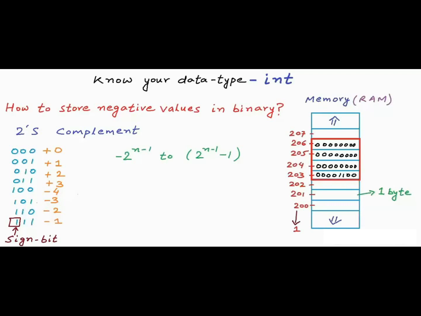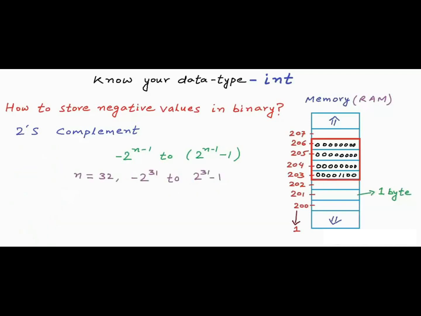Now, because with a given number of bits, we can only have values in a certain range. For example, if n is 3, then with this encoding mechanism we can have values from minus 4 to 3. So if the result of an arithmetic operation is not lying within this range, we'll get an incorrect output because of an overflow or something else.